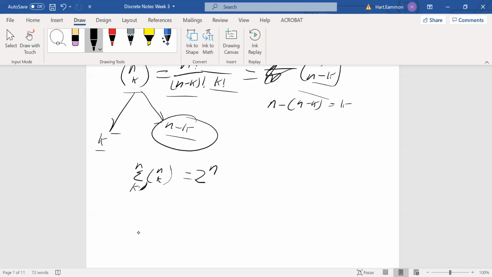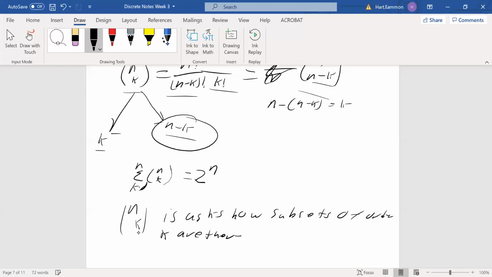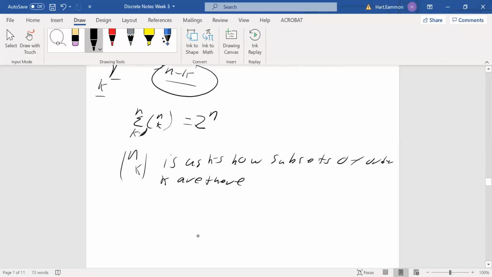Well, n choose k is just asking how many subsets of order k are there given a set with n elements.